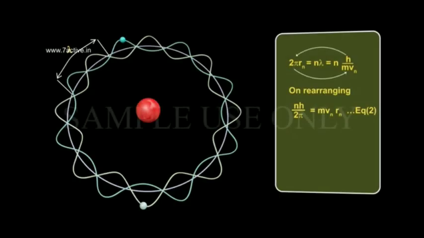On rearranging, nh/2π = mvnRn, equation 2.